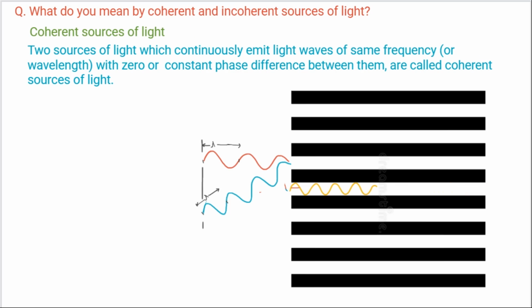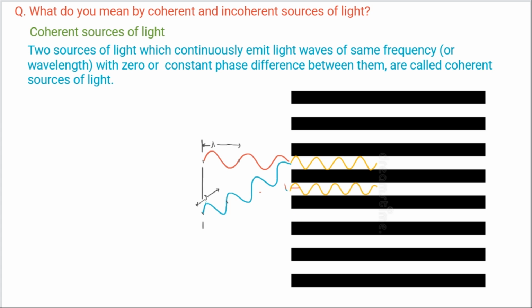And if this phase difference between the two waves is constant, in that case you will get a constructive interference. And if this is a constructive interference, that means you will get a maxima here. So this is your first order bright fringe. The same principle is followed here also.